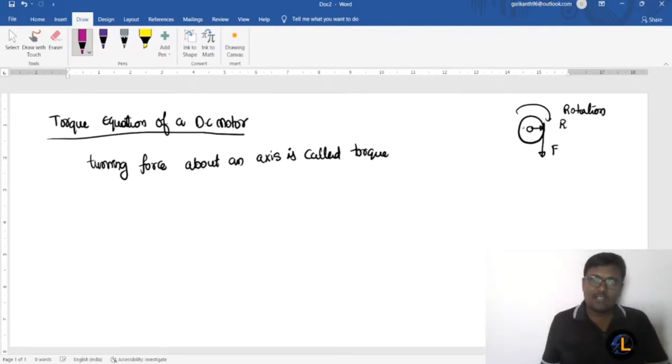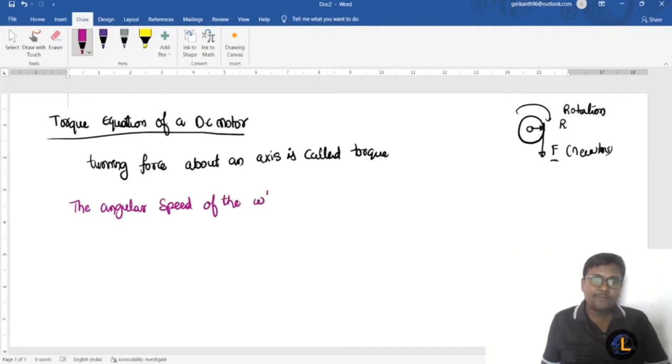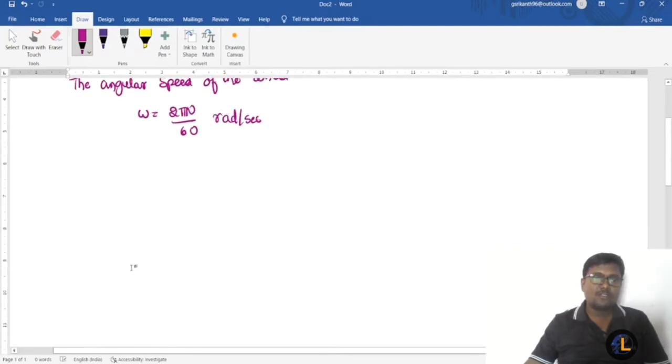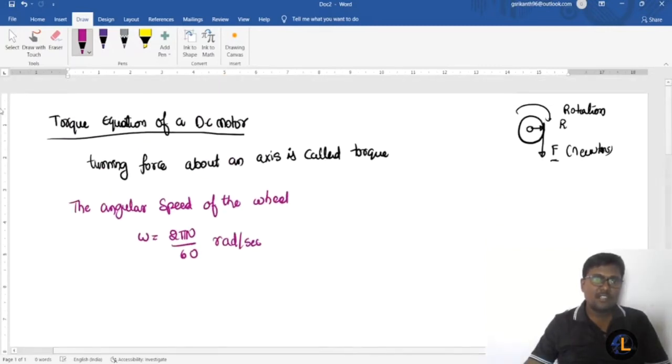So consider a wheel of radius R meters acted upon by a circumferential force F newtons. Then the angular speed of the wheel, omega is equal to 2 pi N by 60 radians per second.